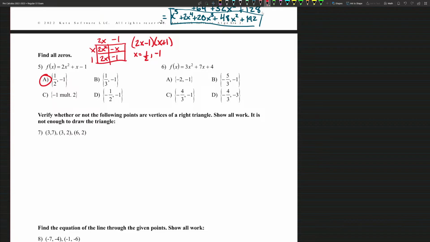Again, you can use the quadratic formula if you want. I'll do that on this one.